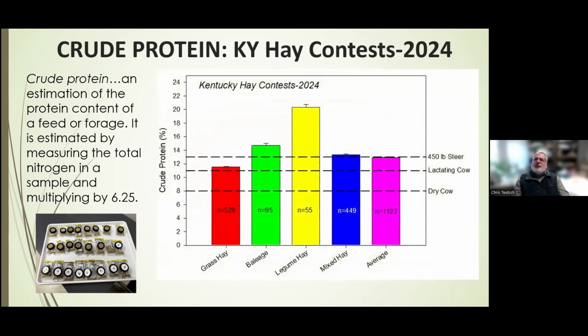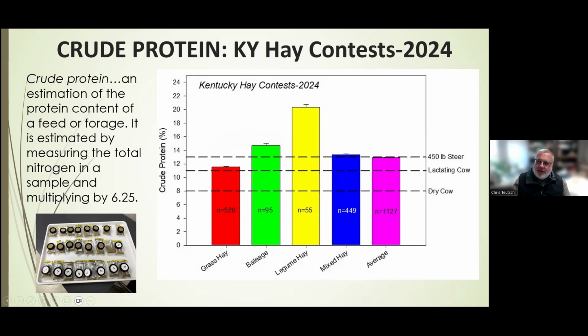This was the results for the 3 hay contests this year. This is for crude protein, and this is the percentage on your y-axis. On the x-axis, or the bottom, are the different hay categories. So we had grass hay, baleage, some legume hay, mixed hay, which would be grass and legume, and then an average over all the categories.